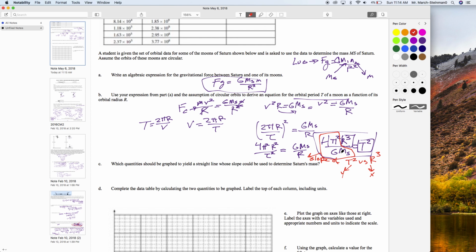And if we want to find another value later on, we have to keep in mind that this value is our slope. So T squared is the vertical axis, and r cubed is the horizontal axis.